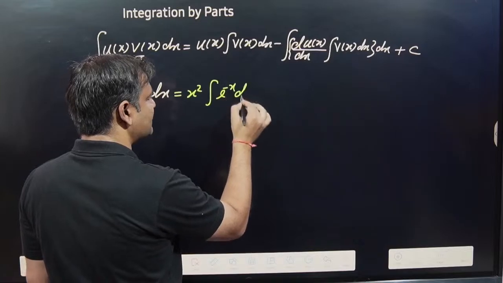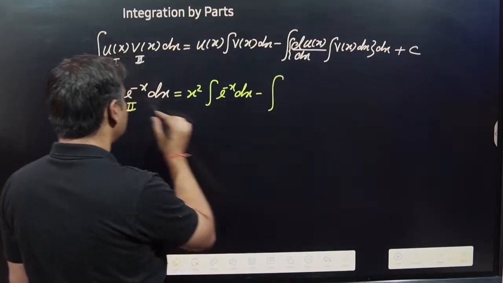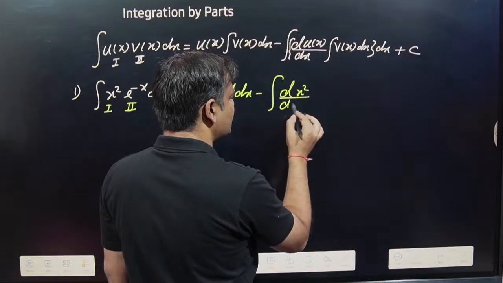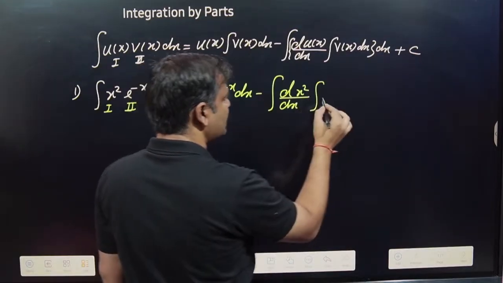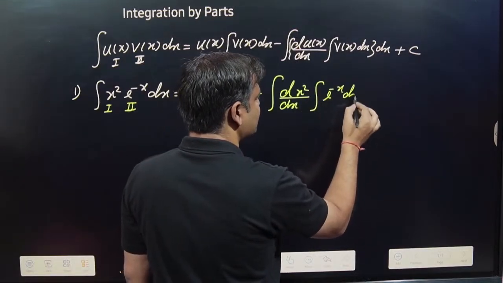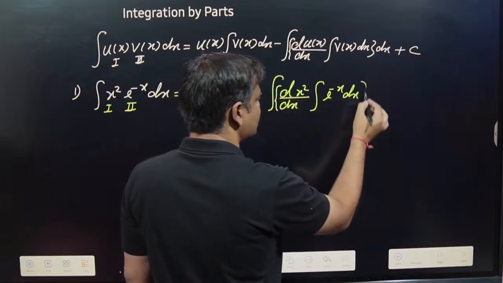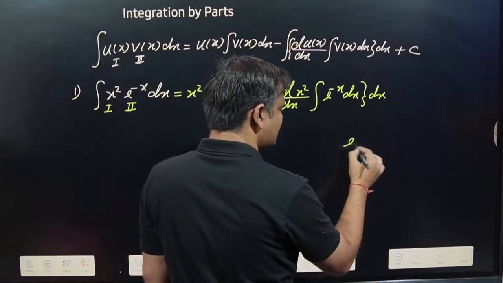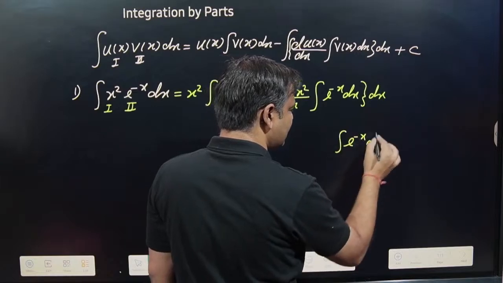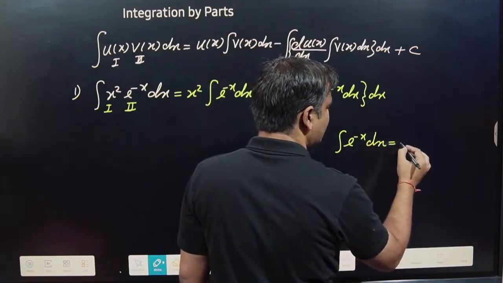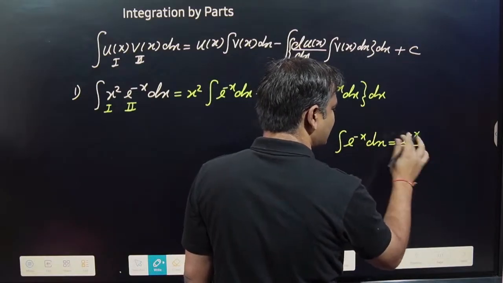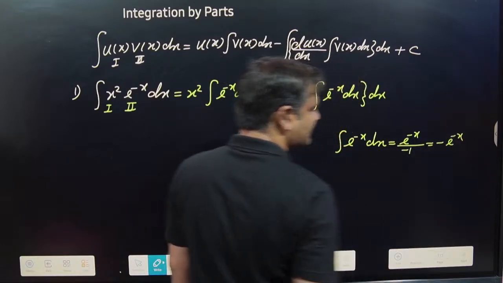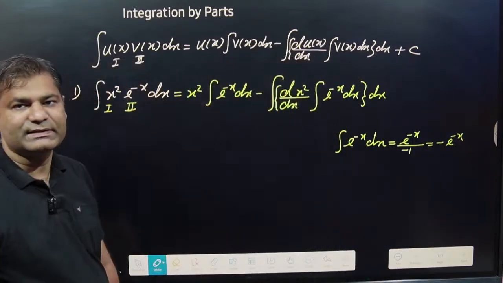minus x dx, minus differentiation of x square with respect to x into integration of e to power minus x dx, after that the whole integration. Clear? I know that integration of e to power minus x dx is e to power minus x divided by minus 1, so basically minus e to power minus x.